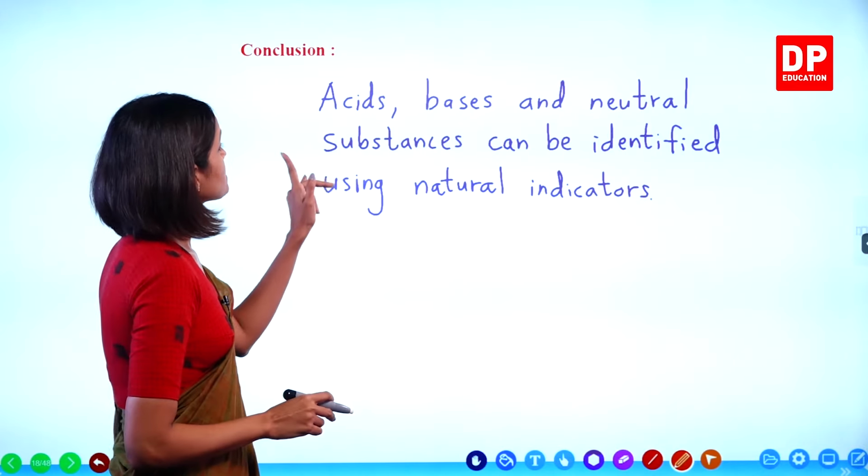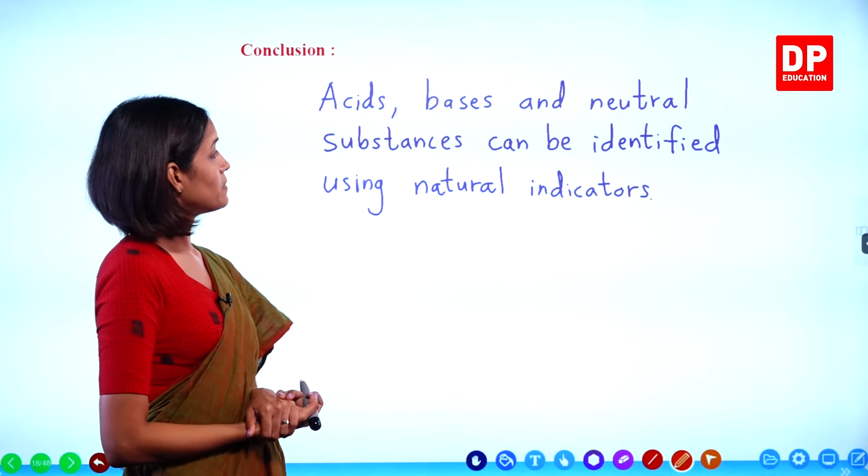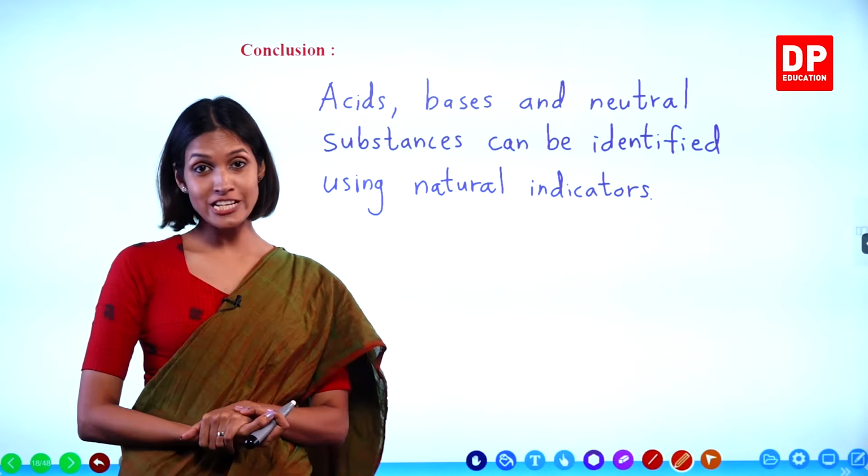Okay. Acids, bases and neutral substances can be identified using natural indicators.